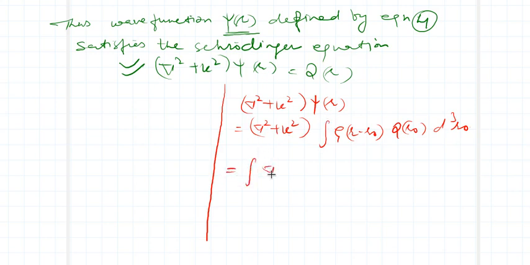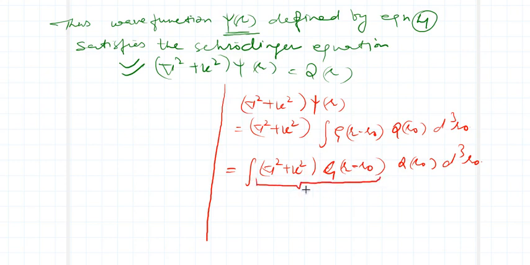So it can be written like this: G(r minus r naught) Q(r naught) d cube r naught, and this is basically the delta function. This is the way we have defined the Green function. So it is delta cube (r minus r naught) Q(r naught) d cube r naught, and its integral.